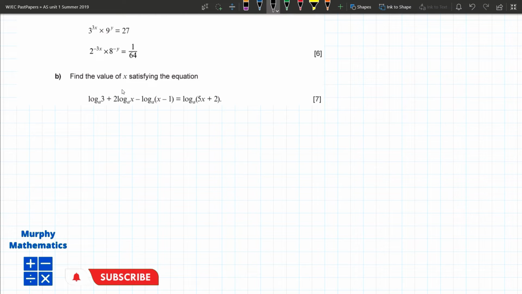The first one I'm always going to look at is this multiple. So I can change 2 log a x to, that's the same as log a x squared.